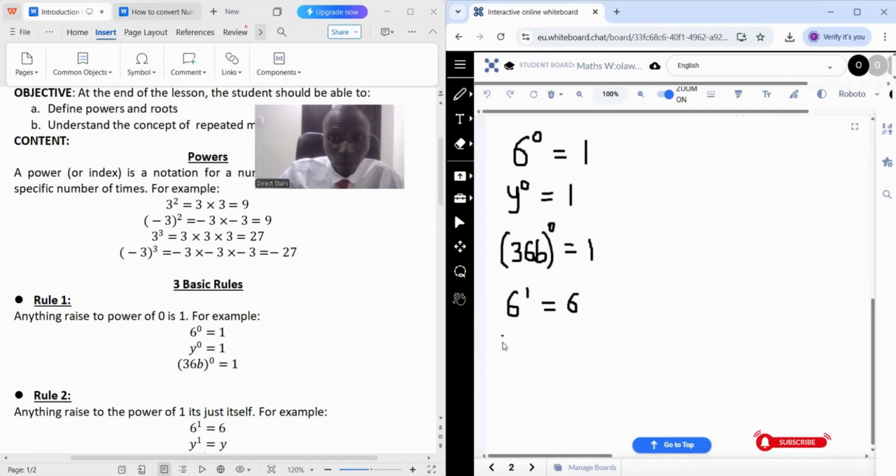If we have y raised to the power 1, because the power is 1, we're going to have the variable back. It's going to give us y. And lastly, if we have 36b all raised to the power 1, we're going to have 36b back as the answer. So anything raised to the power of 1 is just itself.